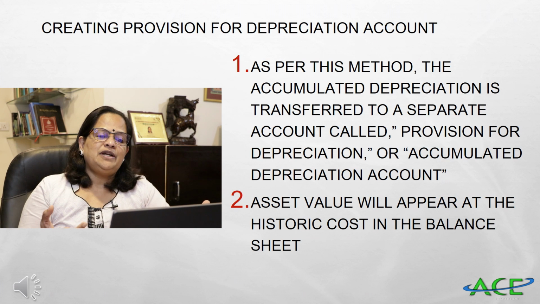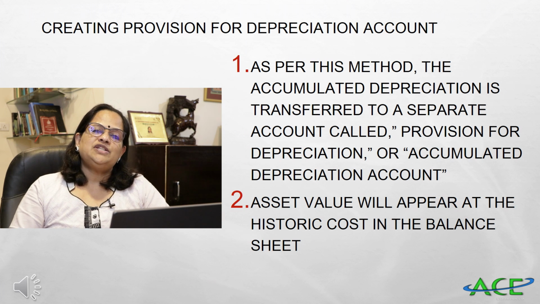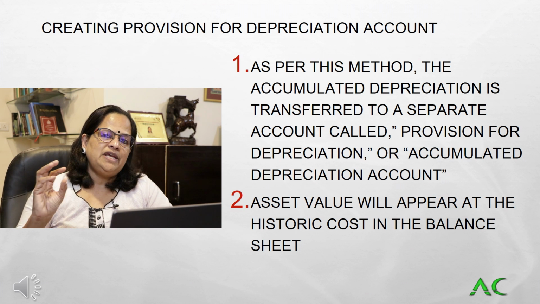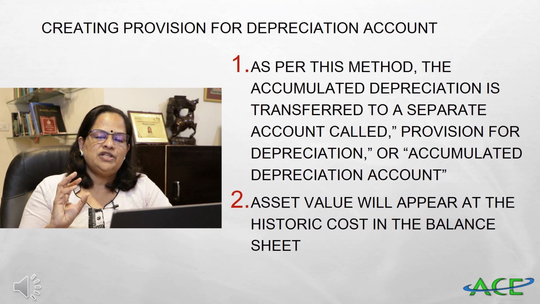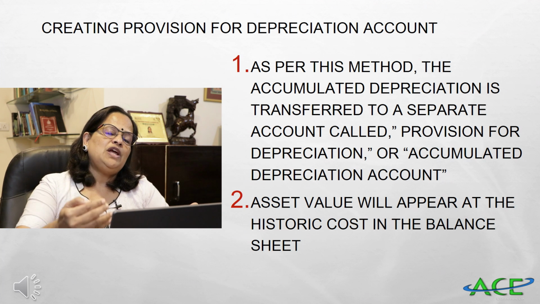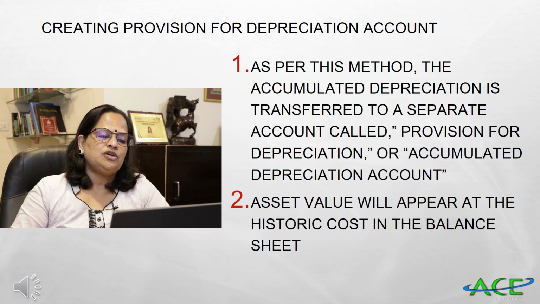Now the second method, creating provision for depreciation account. As per this method, the accumulated depreciation is transferred to a separate account called provision for depreciation or accumulated depreciation account. So the asset value will appear at the historical cost in the balance sheet. Both methods are different. In the first one, asset value will appear at the diminishing value; in the second one, asset value will appear at the historic cost.